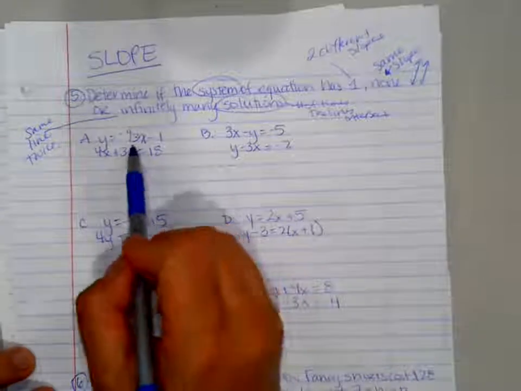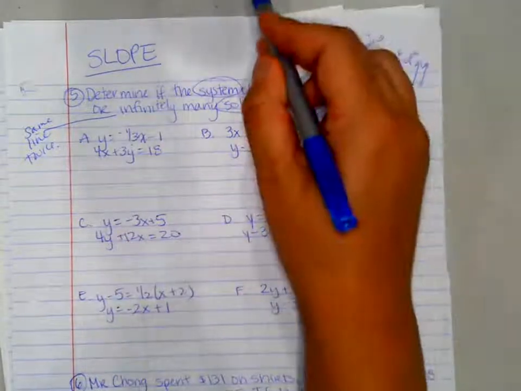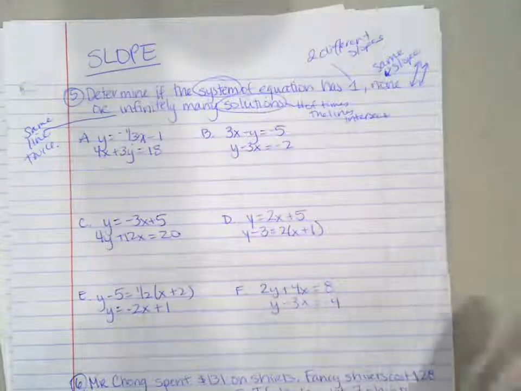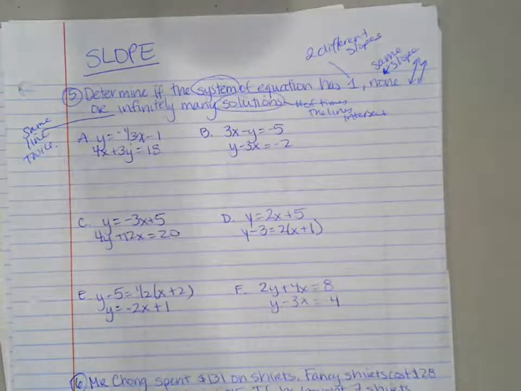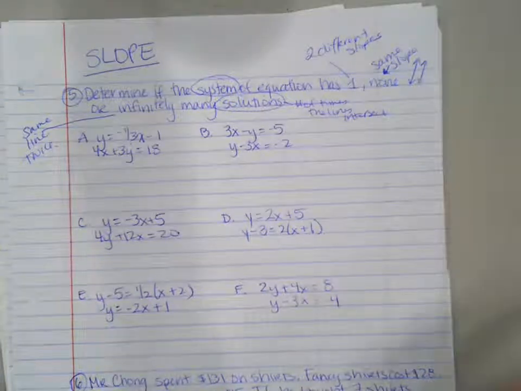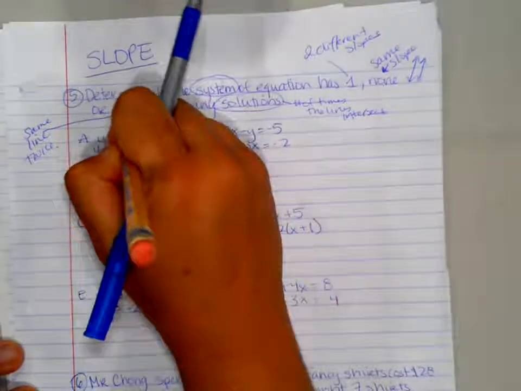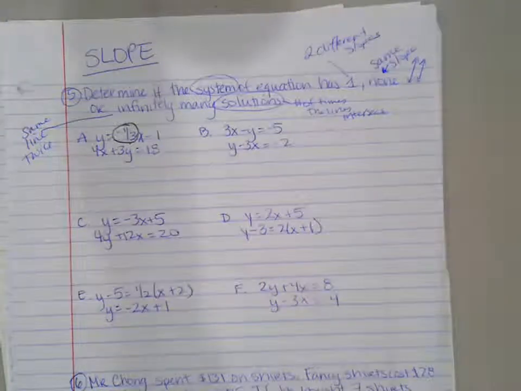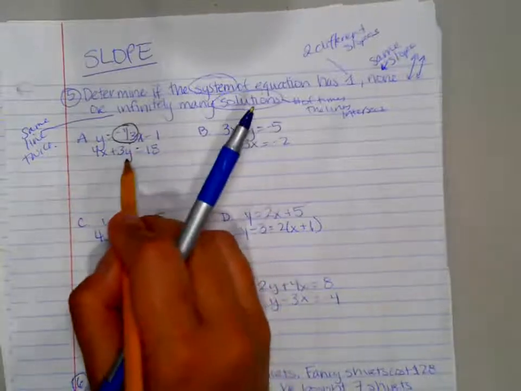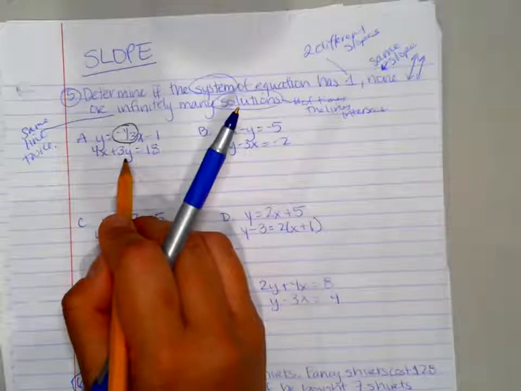Let's take A. A works for the first one because it's already in slope-intercept form, so I can see my slope right away. I don't need to manipulate this equation. My slope for this one is negative 1/3. This one I can't really tell, so I have to put it into slope-intercept form.